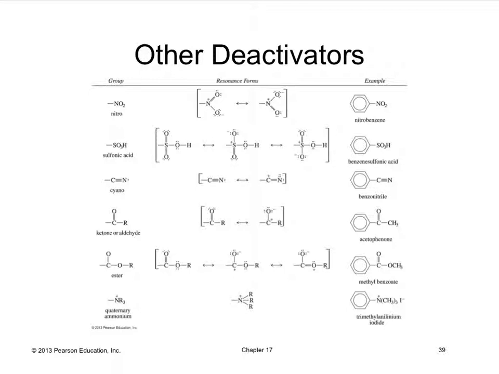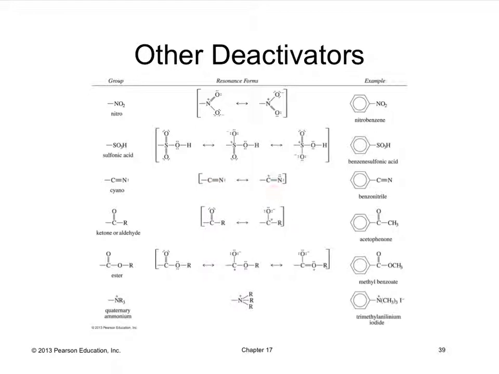So if we look at a list of deactivators, we talked about nitro groups, right? It's a deactivator, and you saw that positive charge existing in the resonance form. Sulfonic acids are also deactivating, and you can see in the resonance form the presence of a positive charge on the sulfur.